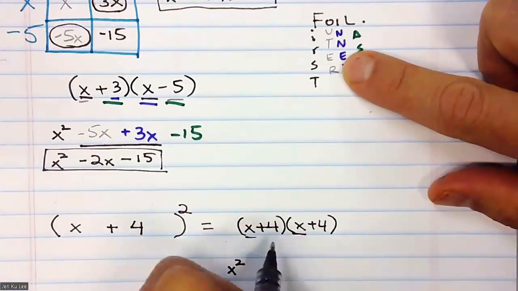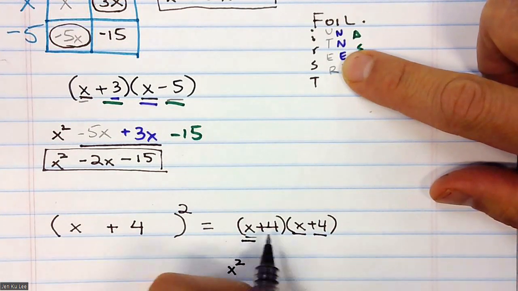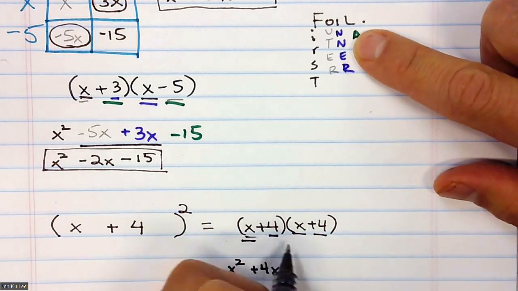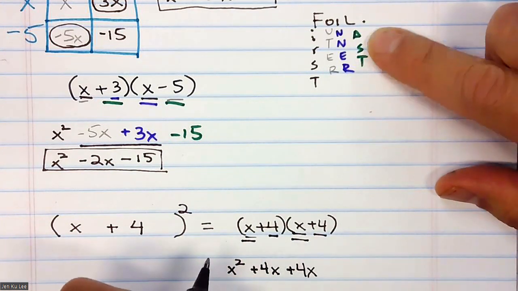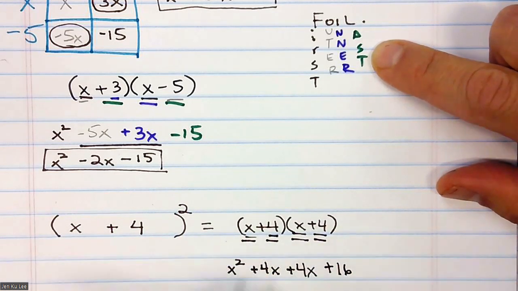O is outer, which is x times plus 4, which is plus 4x. I is inner or inside, 4 times x is 4x again. And then L is last, so 4 times 4 is plus 16. Gathering the like terms again, that's x squared plus 8x plus 16, correct?